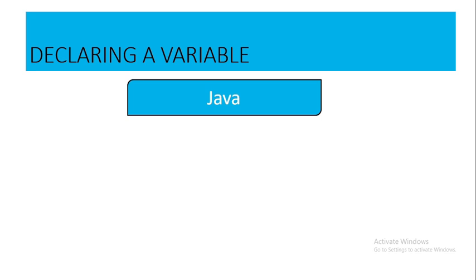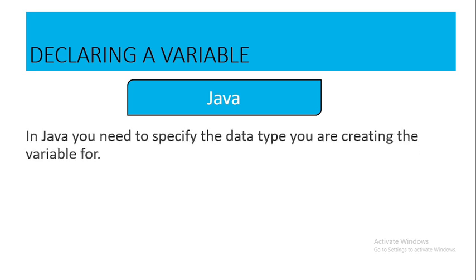Now let's look at how variables are declared under the Java programming language. In Java, you need to specify the data type you are creating the variable for. If the container you are creating or the variable you are declaring is going to hold an integer data type, then we use a keyword for that.